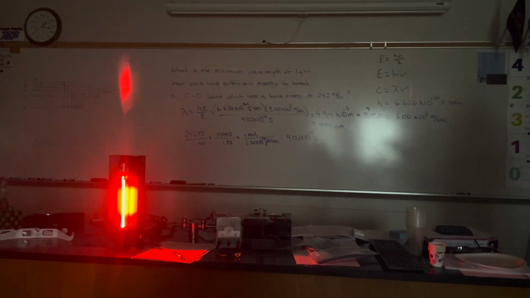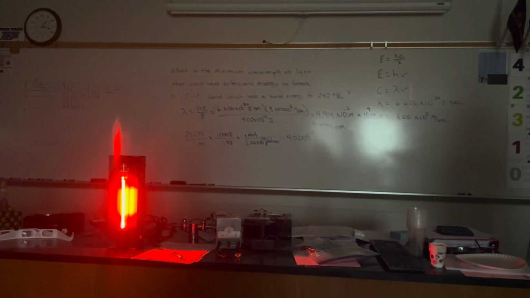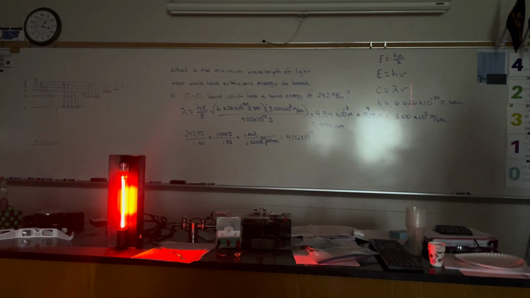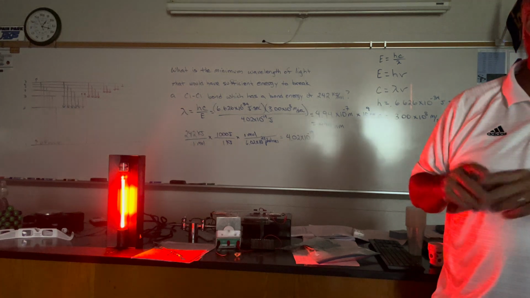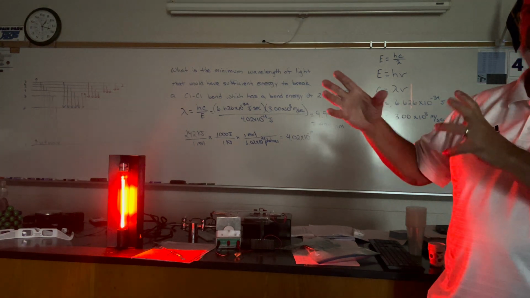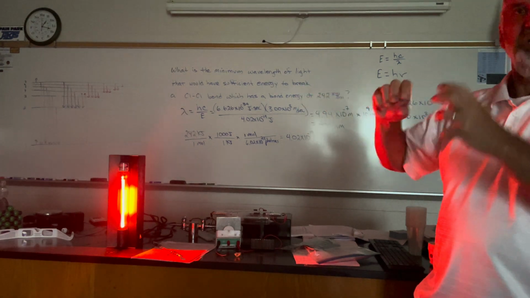These are called bright line spectra. It's not a continuous spectrum like a rainbow. It's a bright line spectrum, but it's different than hydrogen's. Very heavy in the reds and the oranges on this one, which is why neon signs were so popular, because they give this bright light and make a great sign.